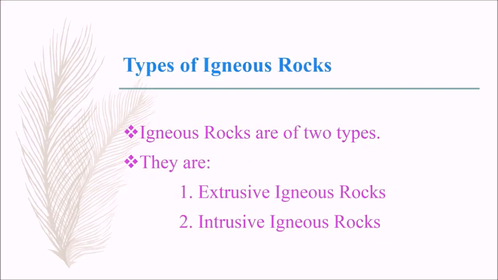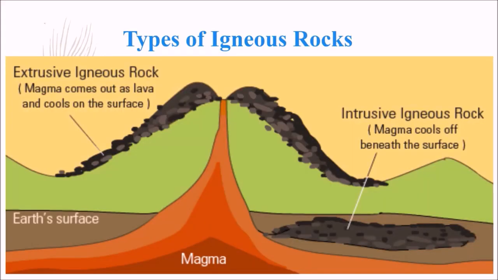Next, we are going to learn about types of igneous rocks. Igneous rocks are of two types. They are extrusive igneous rocks and intrusive igneous rocks. In this picture, we can see extrusive igneous rock and intrusive igneous rock, magma and Earth's surface.